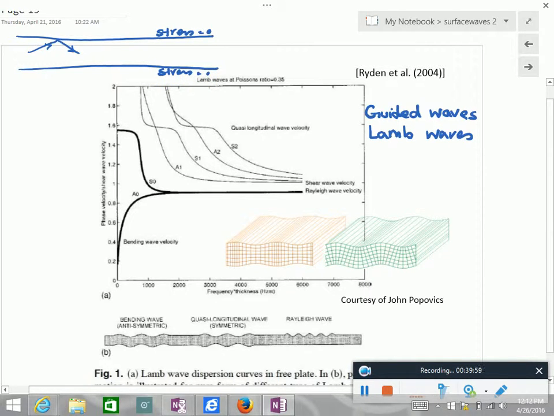This coupling of P and S waves combines itself into these plate modes, Lamb waves. What we are looking at here is called the dispersion plane. Rayleigh wave is only one small part of this whole thing, as you can see here.